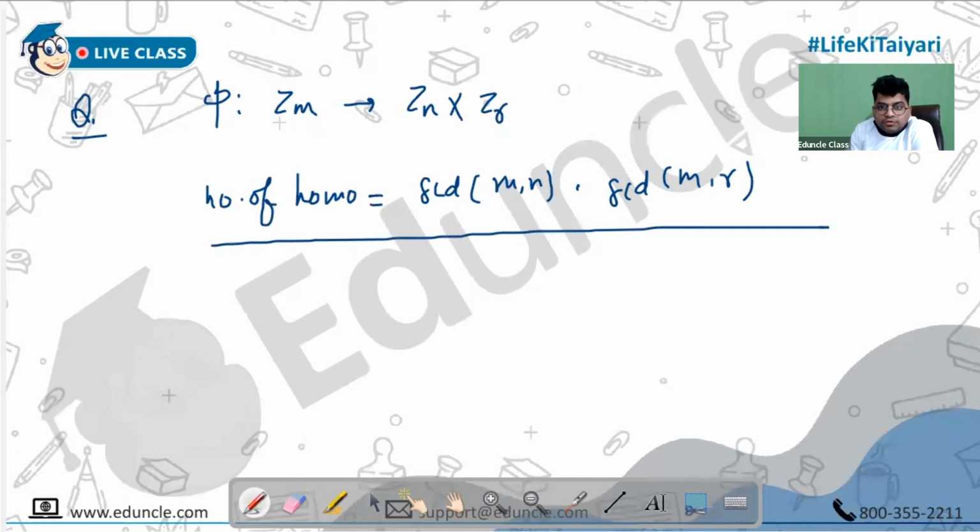Yes, the number of homomorphisms you can write down like this. Done. So the number of homomorphisms is clear till now.